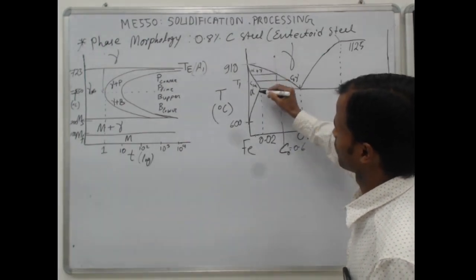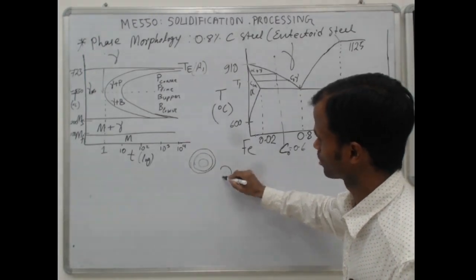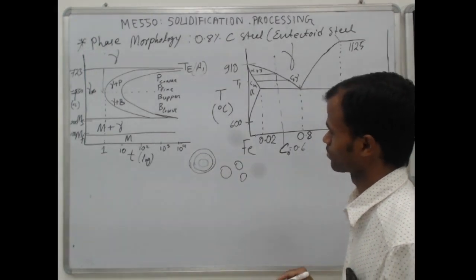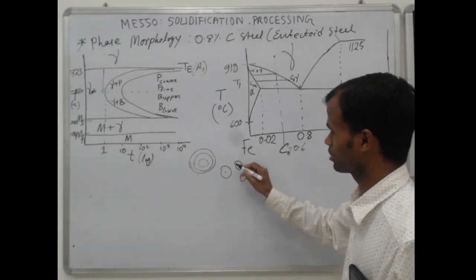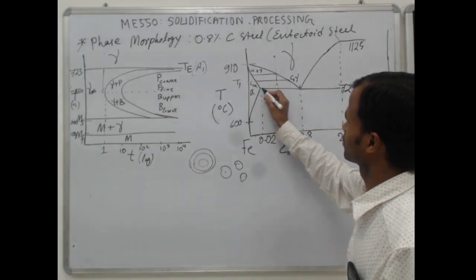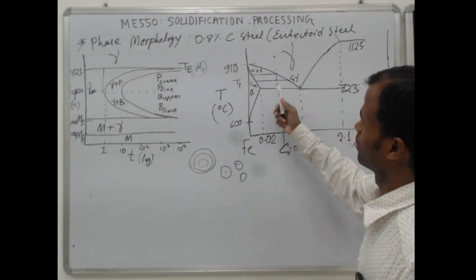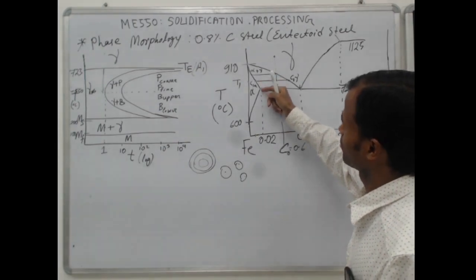So throughout, as alpha forms and grows, or forms at different locations, the composition will change and reach a maximum at this 723 eutectoid temperature, because this is the maximum solubility.